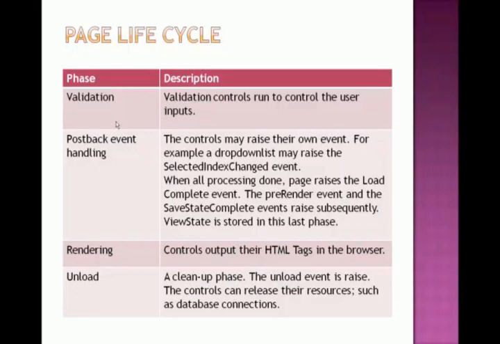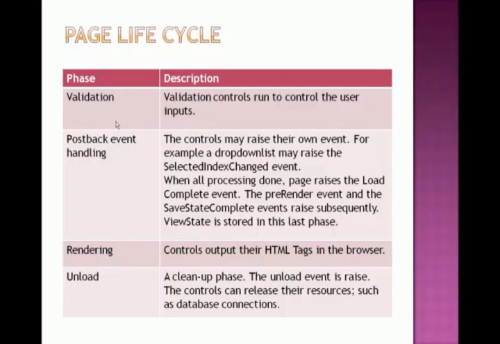The next cycle is rendering. At this point, all the controls output their HTML tags in the browser, and finally the page lifecycle ends with an unload, basically cleaning up the process. At this moment, if you have controls, they could release their resources, such as a database connection and so forth.